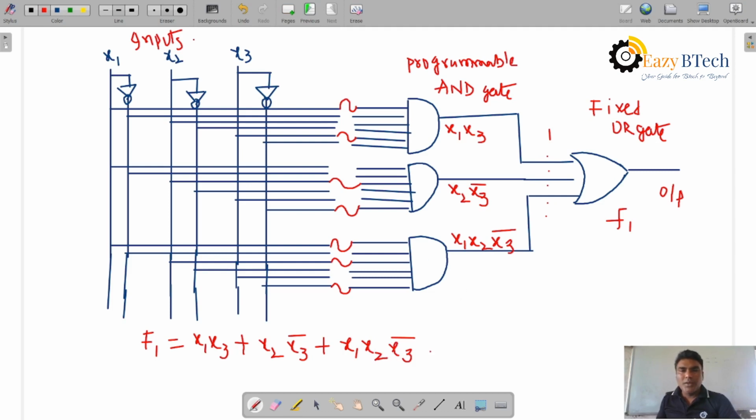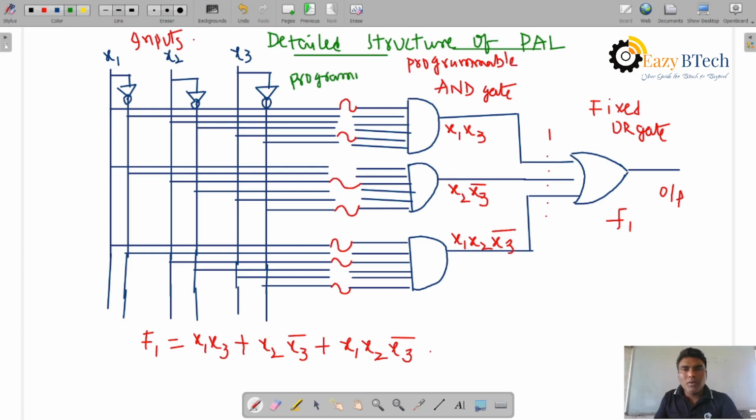So this is the detailed structure of PAL: detailed fuse connections, programmable switches, programmable switch connections.